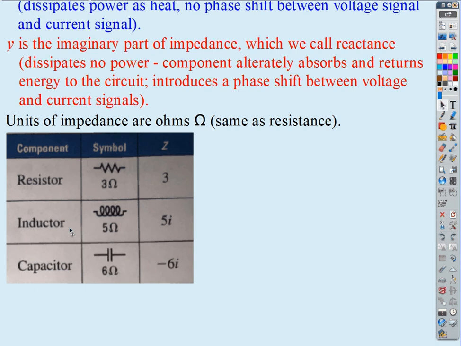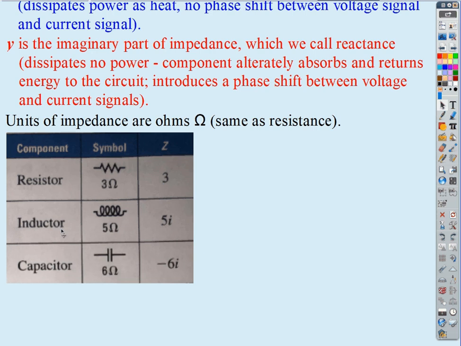So what if we had a 3 ohm resistor and a 5 ohm inductor, these are the impedances, and a 6 ohm capacitor? How could you add those up and get the complex impedance? Here's the recipe for doing that. Whatever the impedance is of the resistor, well, the complex number that goes with that is just 3. It's always going to be completely real.